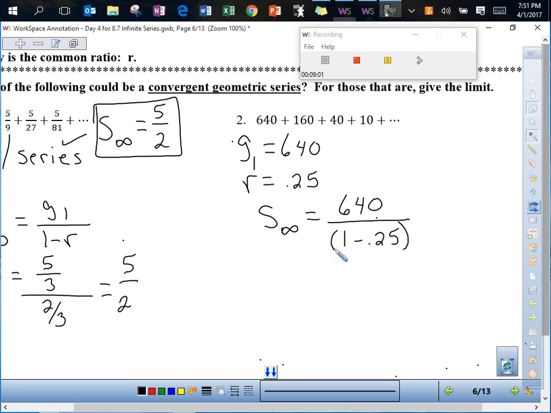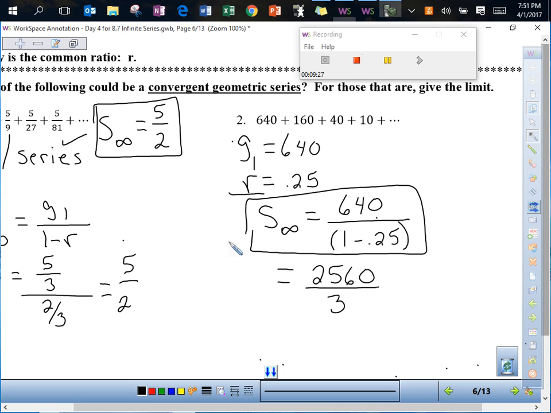Make sure you put that in parentheses or do it in your head. And guys, if you run that through your calculator real fast, you should get an answer of 2,560 thirds. Get in the habit of going math enter with all your numbers just so that we can make it clean. Okay? So guys, that's our main formula today. g sub 1 over 1 minus r.